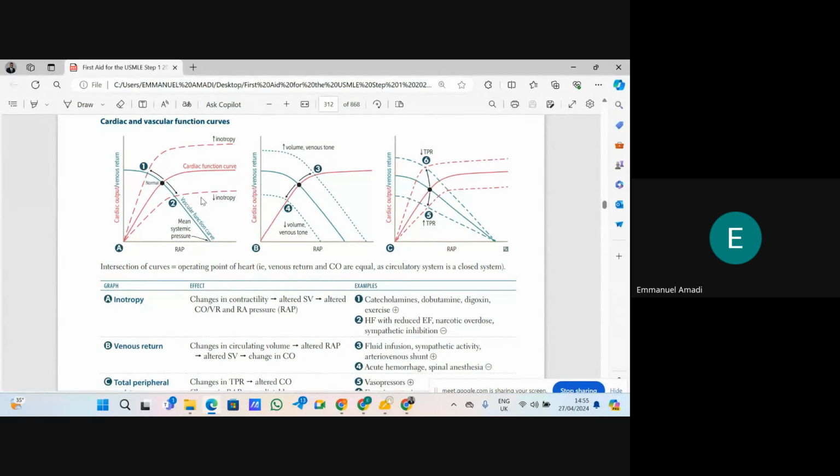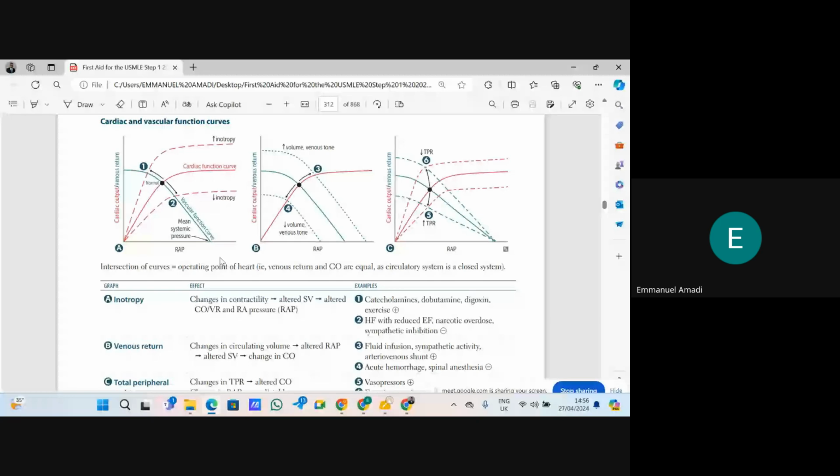So these red lines here are cardiac output, and this blue one here is the venous return. What you need to know is that there's only one blue line, meaning there's only one venous return. They're telling you that the venous return is the same for these three different parameters. This is similar to what we did in that Starling curve.